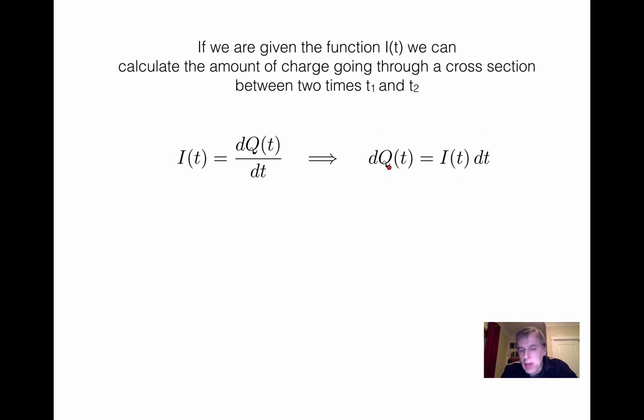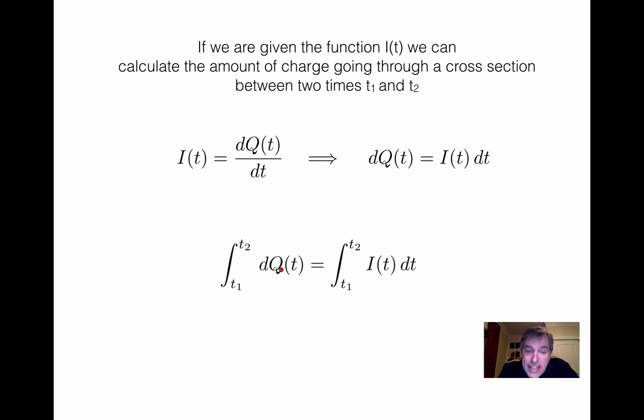So if I want q, I have dq here. To get rid of this derivative, I integrate. But I have to do the same thing on the other side, so I integrate both sides of the equation, and I get this. The integral of dq is equal to the integral of I of t dt.